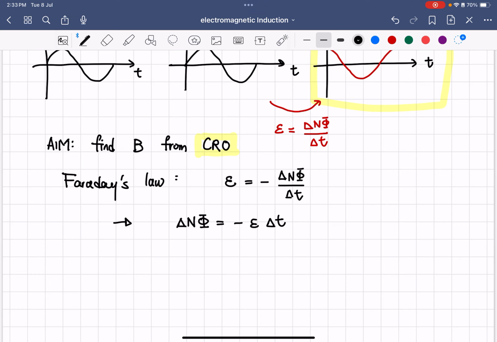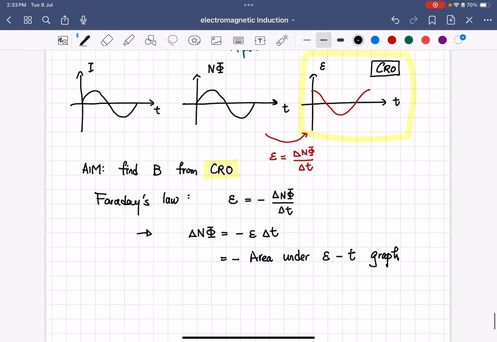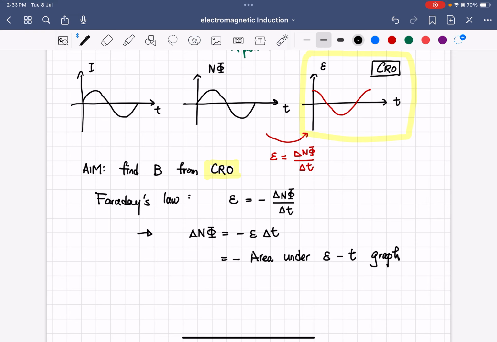Well, E Δt is interpreted as the area under the E-t graph. So therefore, we find an area to study it.